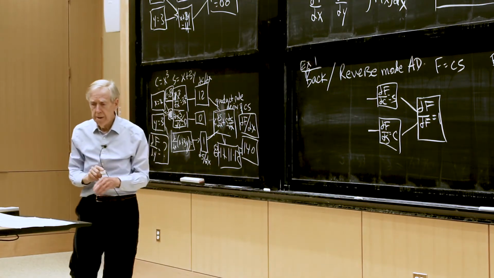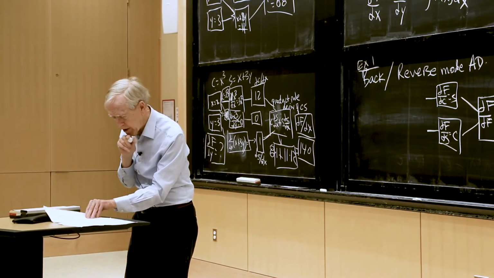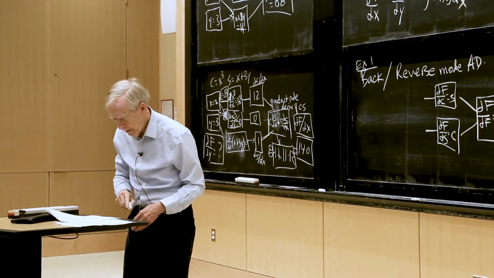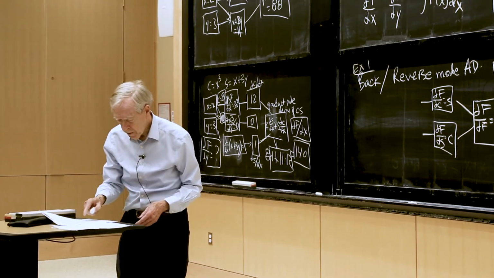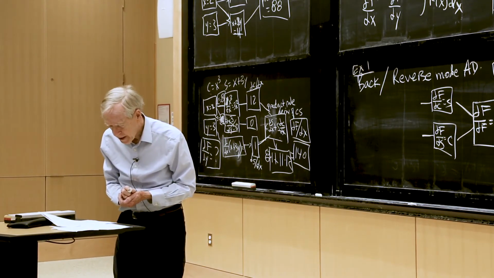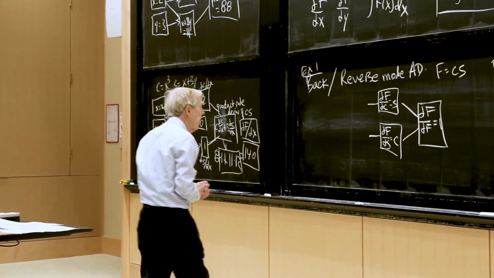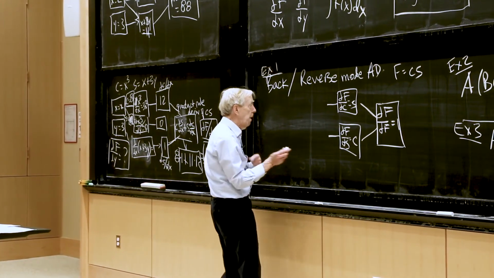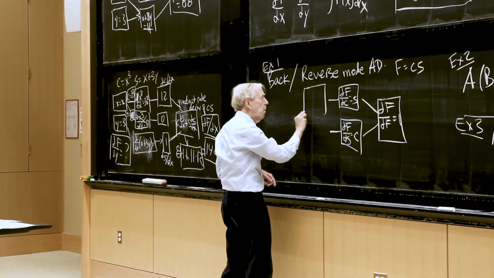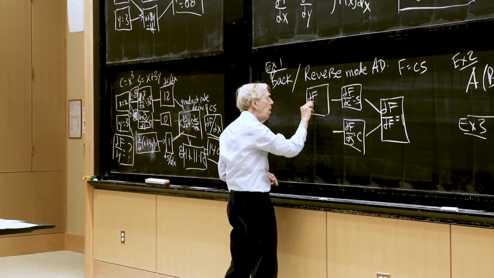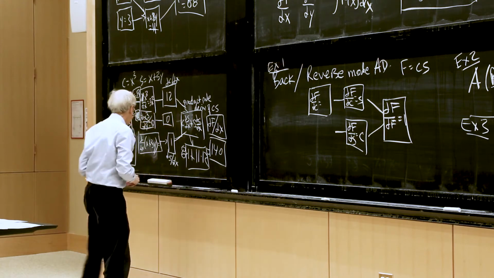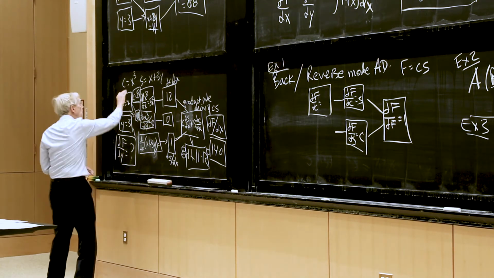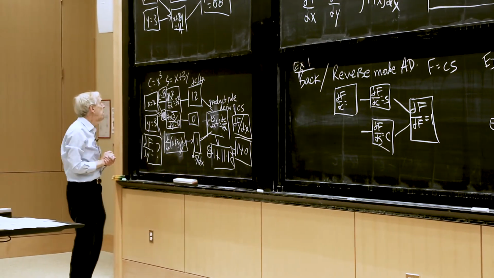Now, I'll look again to see that I'm writing down the correct things. So what I've written down next is df dc... what is it here? df dc is c, is x cubed.